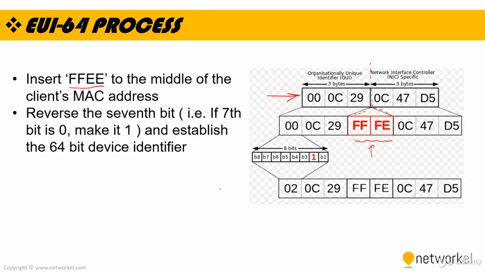Then I need to reverse the 7th bit. For example, if the 7th bit is 0, make it 1. If it's 1, make it 0. And establish the 64-bit device identifier. Here I'm writing 00, and I'm reverting the 7th bit.